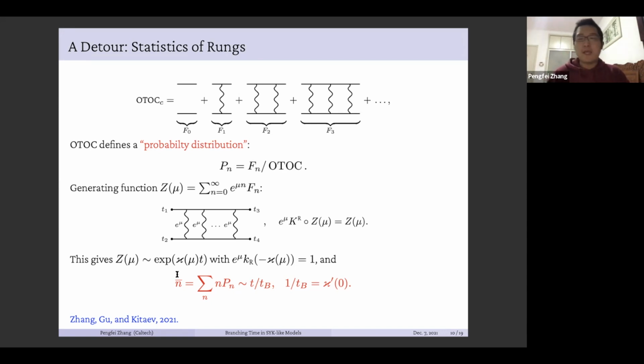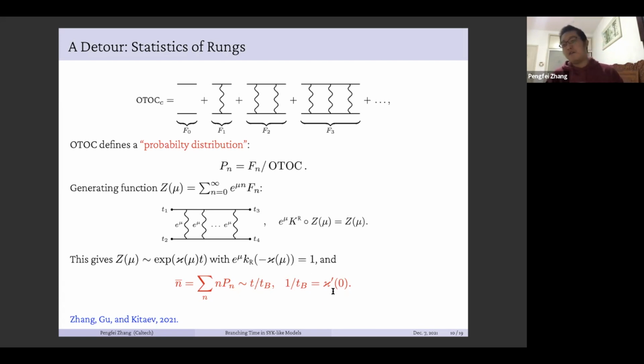And for example, if we are really interested in the expectation value of the number of rungs, we can take the logarithmic derivative of the generating function. The main contribution in the long time limit is from this exponent, which is linear in time t. This t is the total evolution time. And we can find another factor, which is given by the derivative of this quantum Lyapunov exponent.